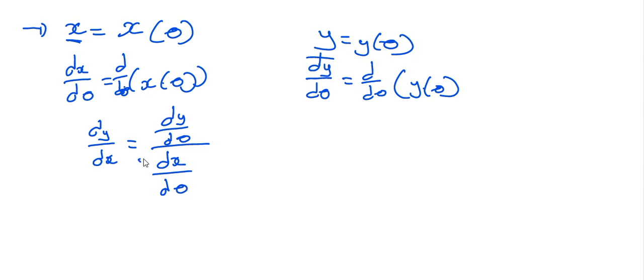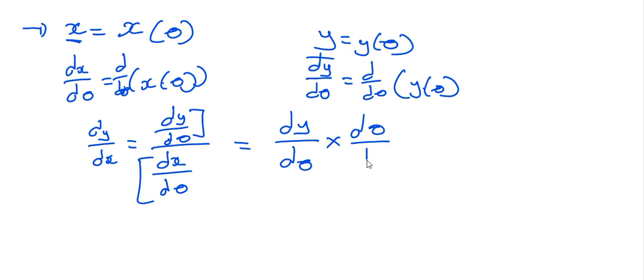Remember, this is the derivative of the x equation and this one is the derivative of the y equation. So dy over dtheta is still the same over dx over dtheta, and the dtheta goes away, leaving us with dy over dx. Remember, we'll be doing the same thing.